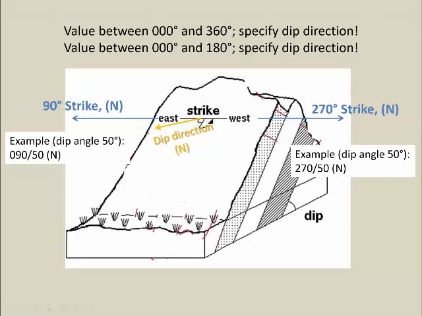Accordingly here, if we write down this plane as 90 degree strike with a 50 degrees dip angle, we again have to say this is a north dipping plane. This is how we communicate that if we have unspecific ends of the strike lines that we want to use. And that is another recording talking about the same plane, a north dipping plane with a 90 degree strike and a 50 degrees dip angle.